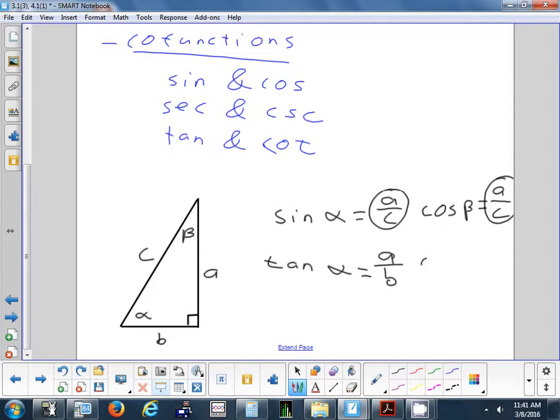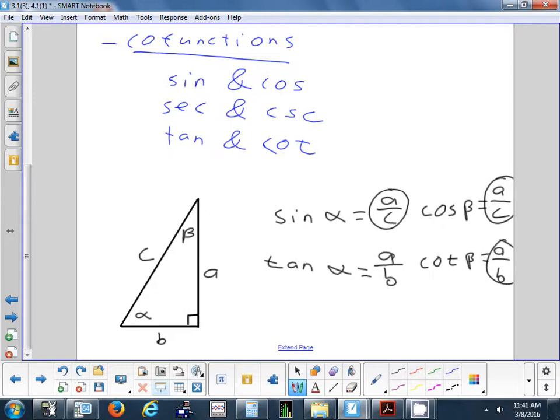Now I'm going to do something different. I'm going to find the cotangent, and I'm not going to use alpha. I'm going to use beta. Cotangent is adjacent over opposite. Amy, what side is adjacent to beta? A. And what side is opposite? B. Notice again, those two things came out the same.